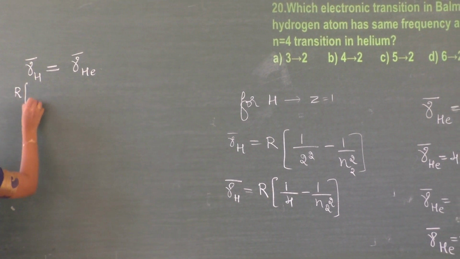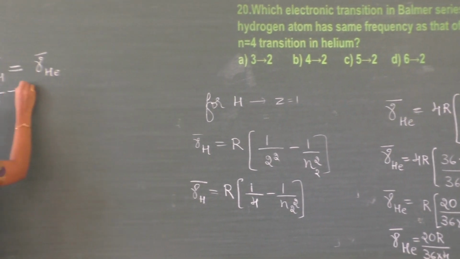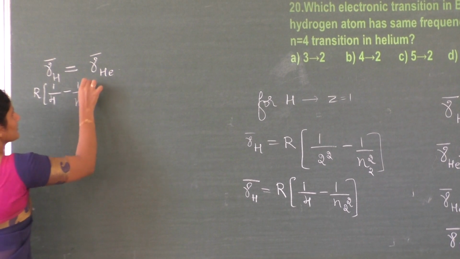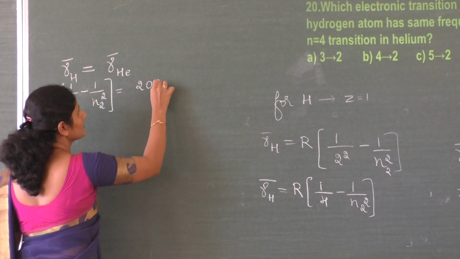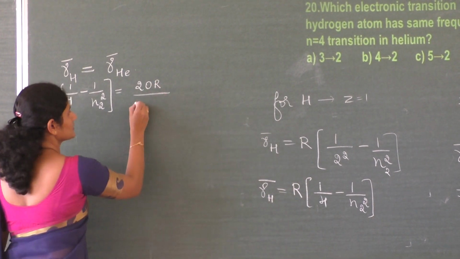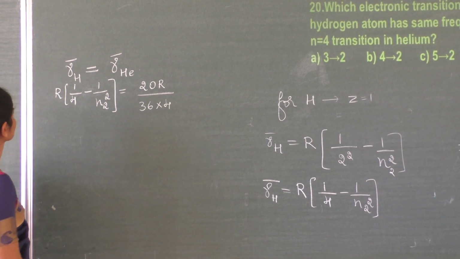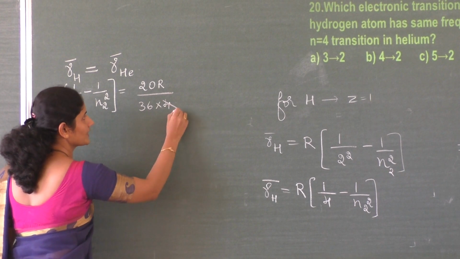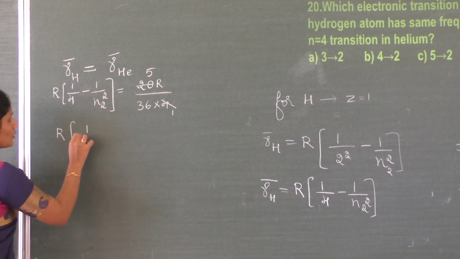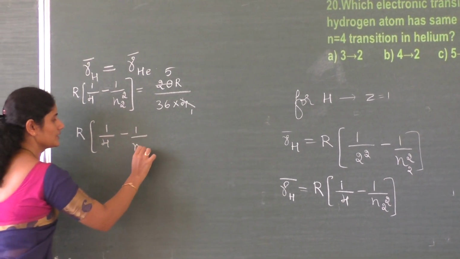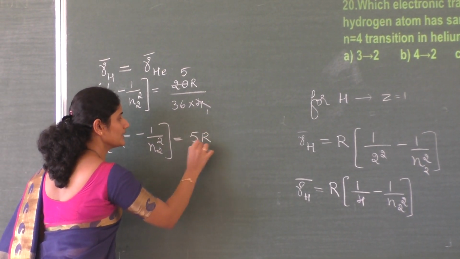So R into 1 by 4 minus 1 by n2 square is equal to 20R divided by 36 into 4. Here we can simplify. So R into 1 by 4 minus 1 by n2 square is equal to 5R divided by 36.